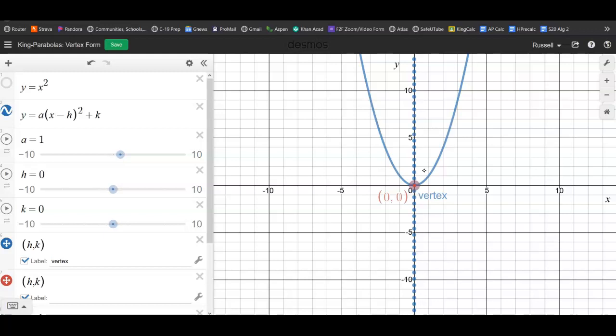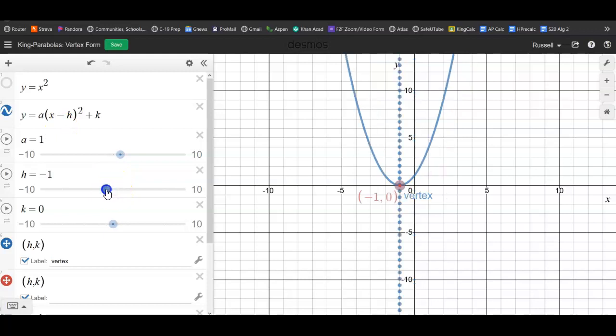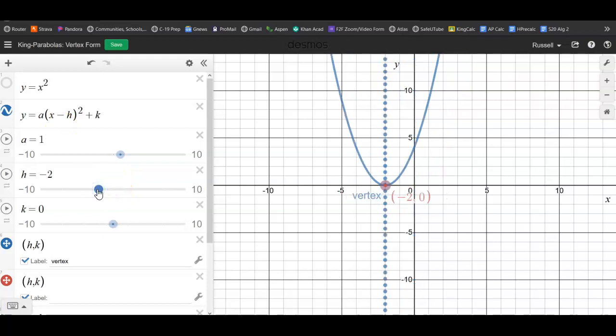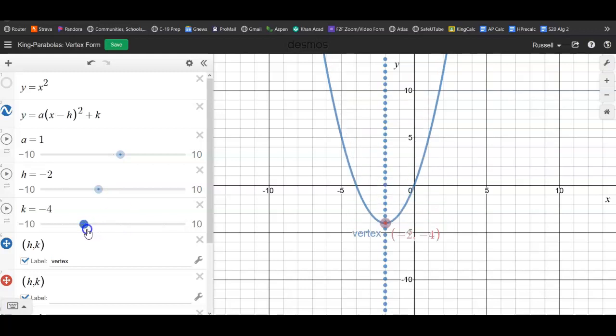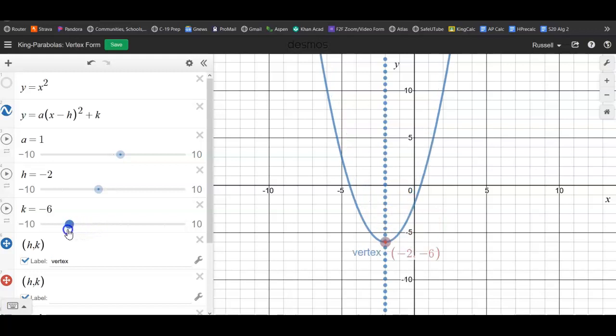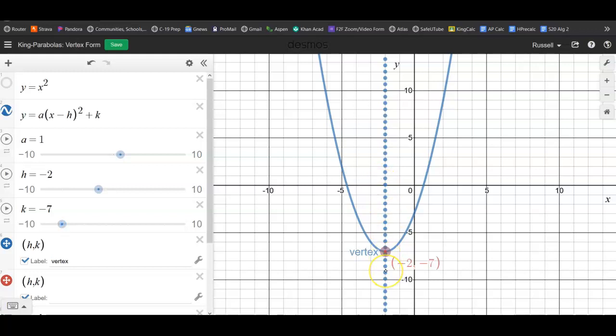So let's find out what's going on with the example that we were looking at a moment ago. It's x plus 2, so I have to subtract 2. The h value is negative 2, so that moved the vertex to the left by 2. The k value was negative 7, so I'm going to drop the k value to negative 7, and we can see the vertex shifted left and down.